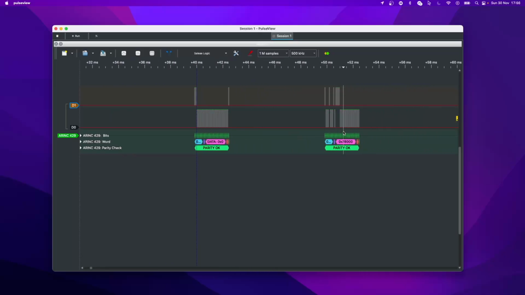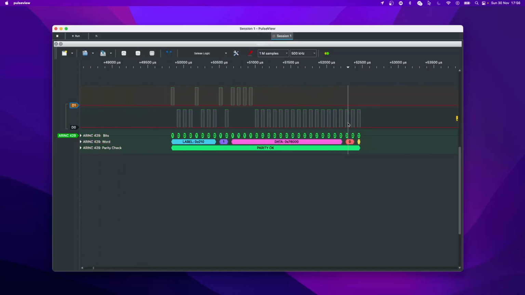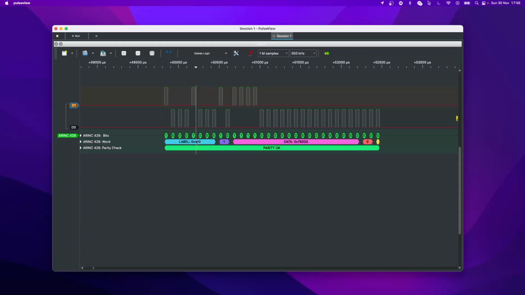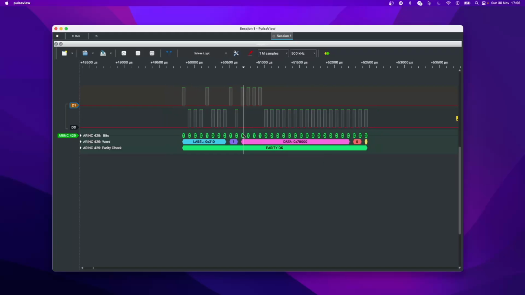Let's see what happens next. We have this other label here, 210, that has been also decoded correctly. The parity is fine, so it should be also successful.